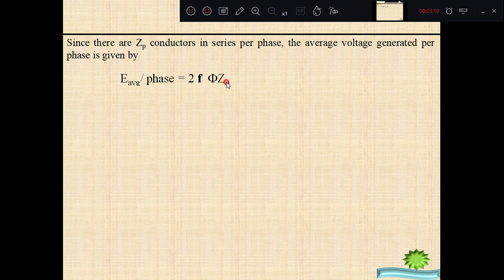Then Zp is replaced by the number of turns. We know that the number of conductors Zp is 2 times the number of turns, that is, Zp is 2 times Tp, where Tp is the number of turns. I will explain this at the end of this slide. At this moment, remember that the number of conductors is equal to 2 times the number of turns.